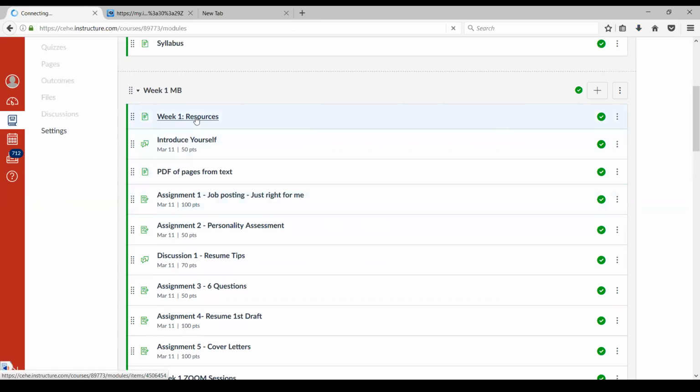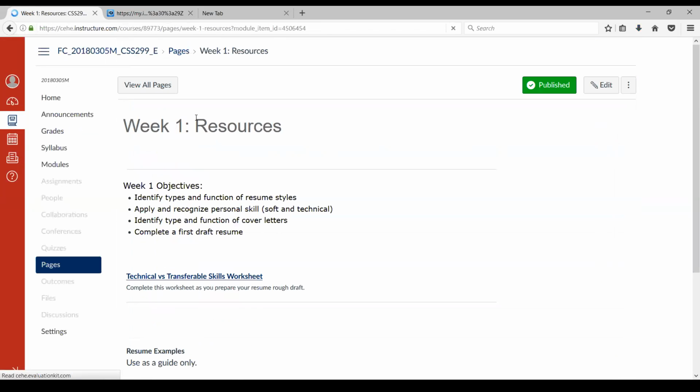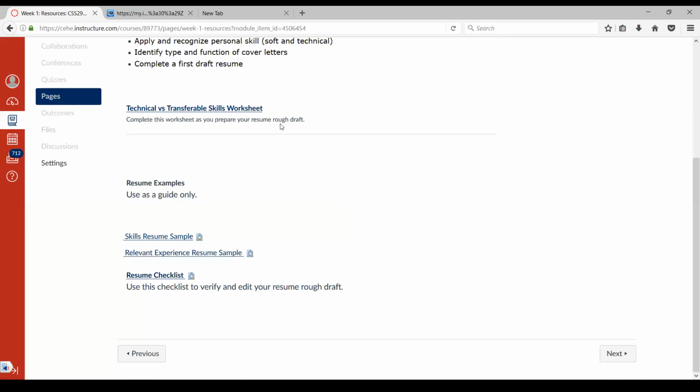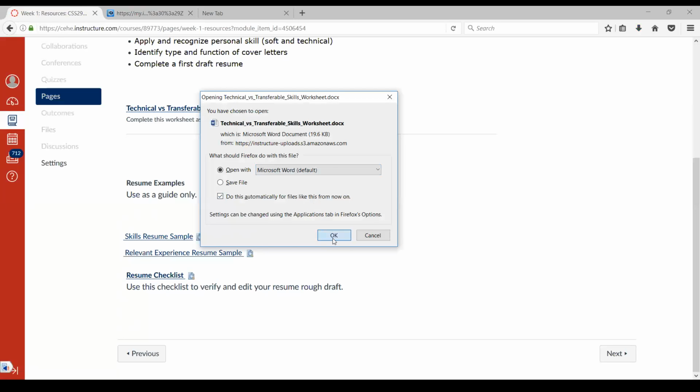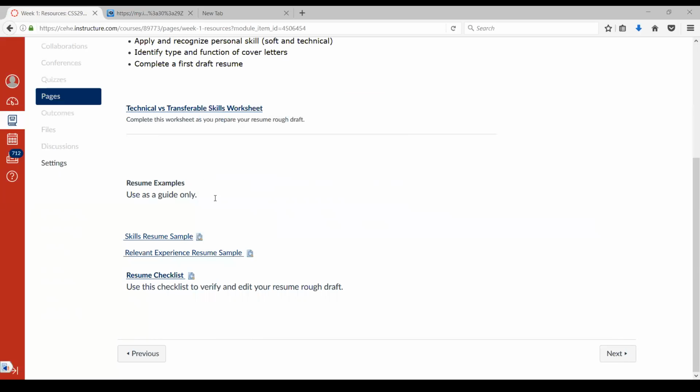If you come up here and you look at this, there's a worksheet here. This worksheet is a Word document. This is for you. I don't expect to see this. In fact, if you want to send it, that's okay. I don't care. But I don't expect to see this.